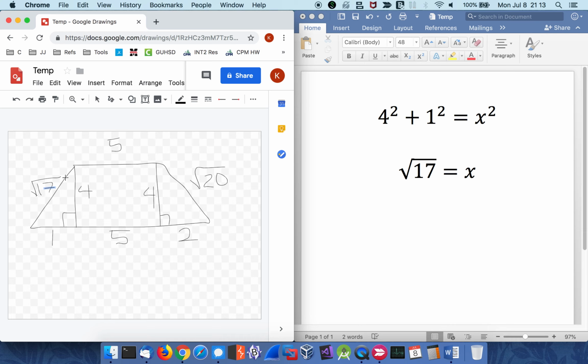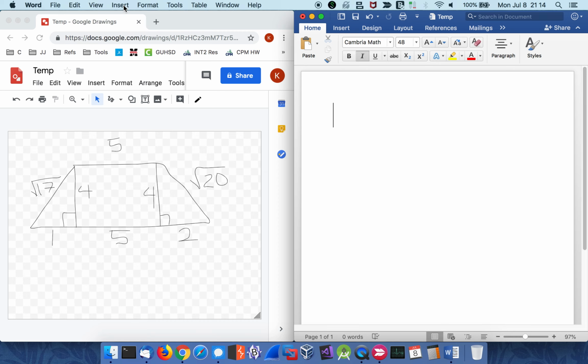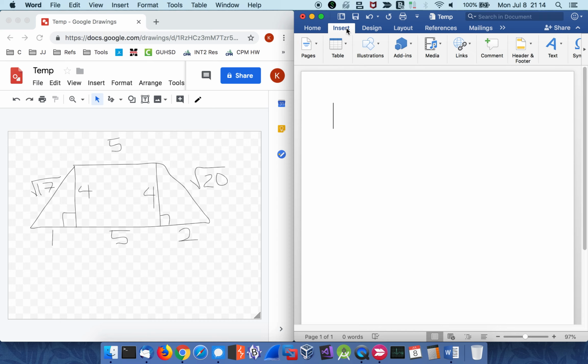And so now, let's go ahead and just add these things up. So let's remove all these, and then insert another equation here. So now we've got square root of 17. How come it's not doing my insert?